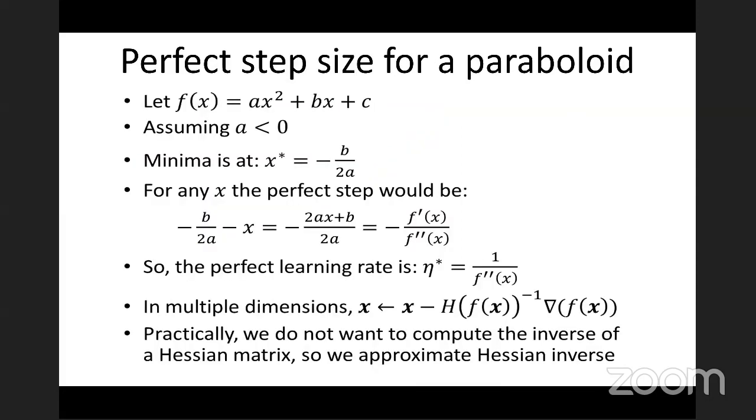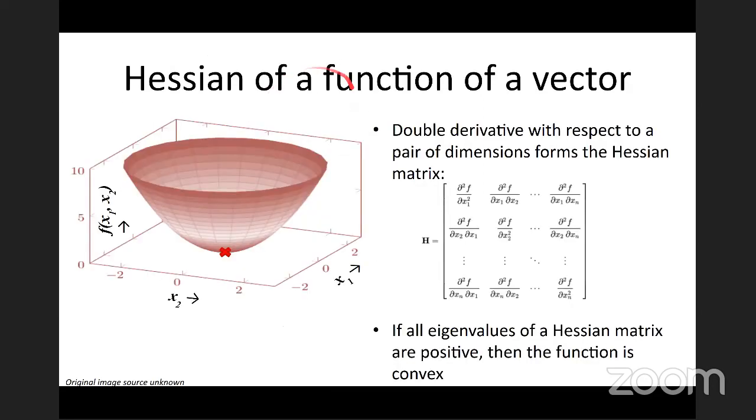First of all, there is no such thing as a single second derivative in multiple dimensions. Let's say you have weights W1, W2, W3, up to Wn, and f is your loss function. Your second derivative is not just del square f by del W1 square. It's actually an n by n matrix, where n is the number of weights. The diagonal elements will be del square f by del Wi square.